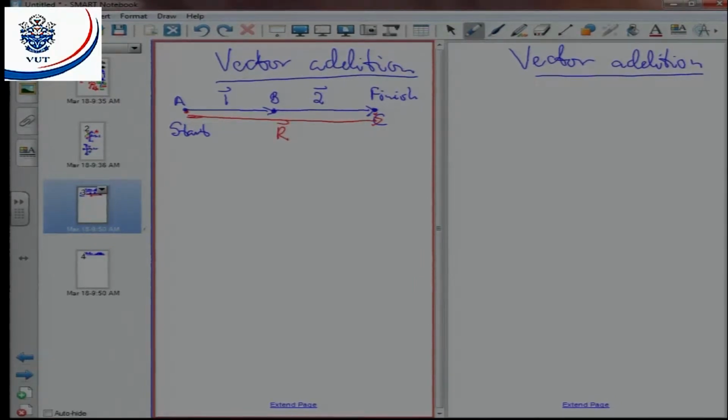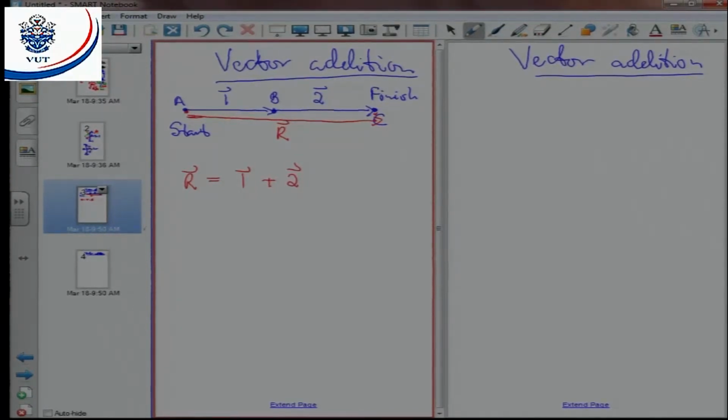So you can see easily that R equals, not A plus B, R equals 1 plus 2. Okay, but then how do we subtract vectors? So you might be interested in what is the difference of vectors.